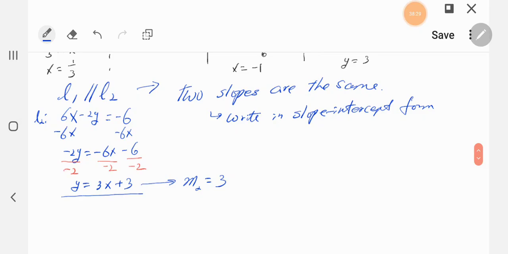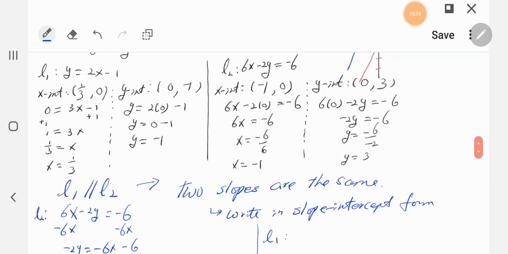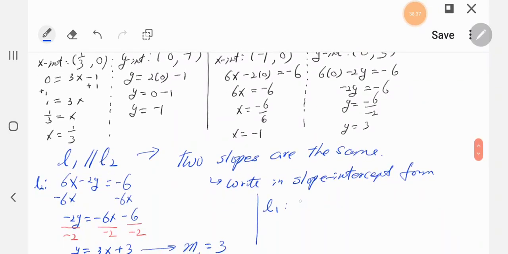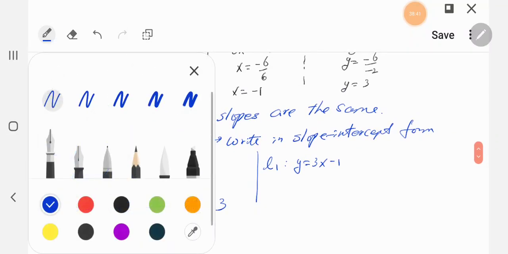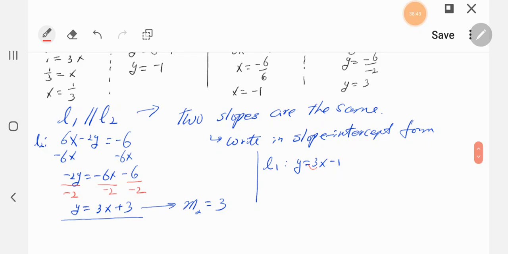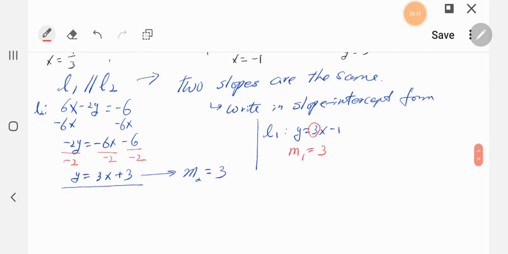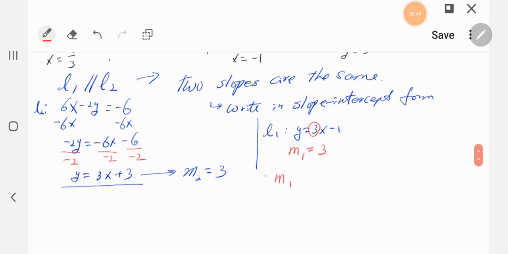And then for line 1, y equals 3x minus 1. So as you see, the slope of line 1 is 3, and the slope of line 2 is the same, right?